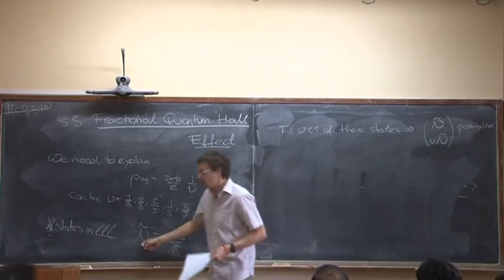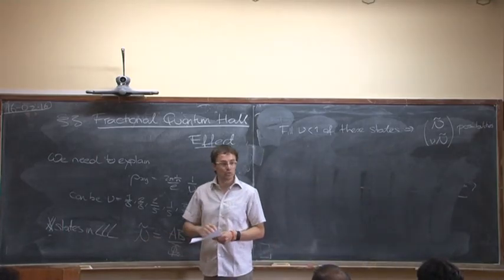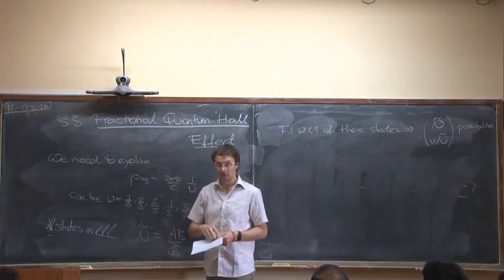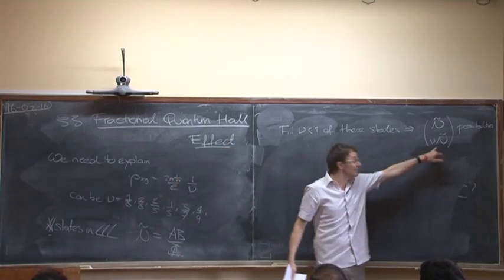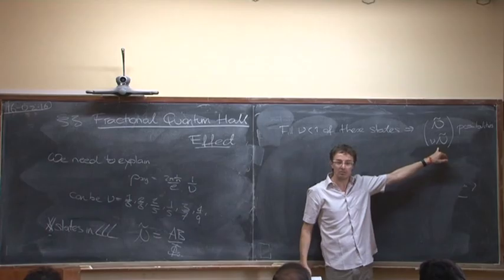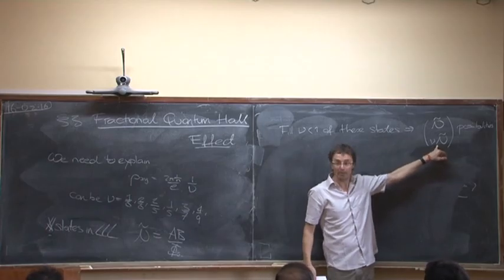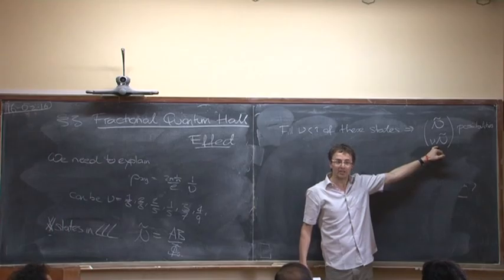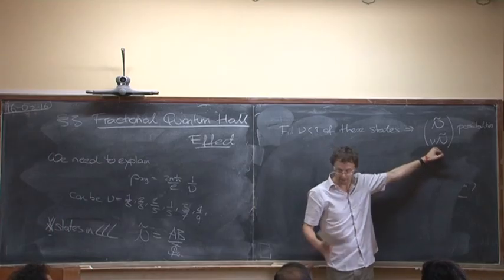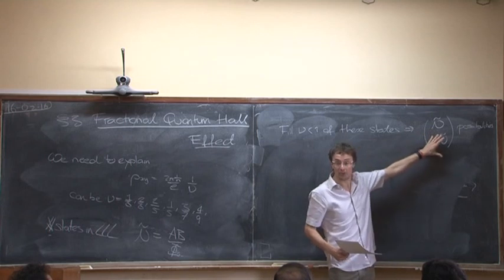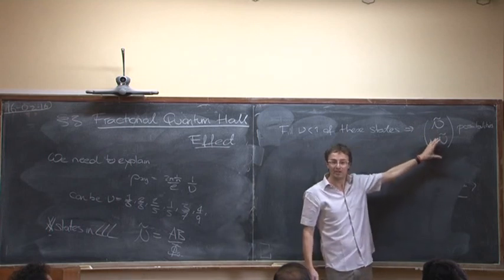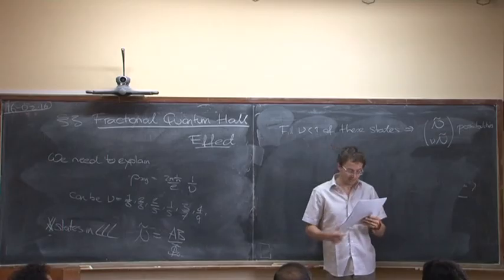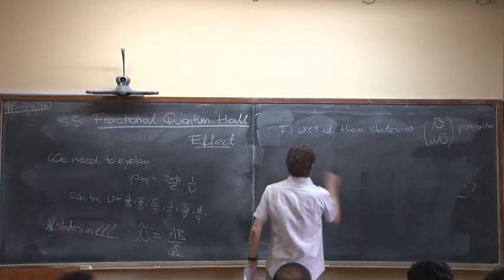So this is the number of single particle states, but once you've chosen to fill that number of electrons, this is the number of multi-particle states in the system, because this is the number of ways you can fill that many states. This is a huge number. This is an exponential of N, and N itself is something like 10 to the 11. So this is an exponential of an exponential. It's a very, very large number. So this is the number of states that we have. All of these states are degenerate, because everything in the lowest Landau level is degenerate. So this is big.